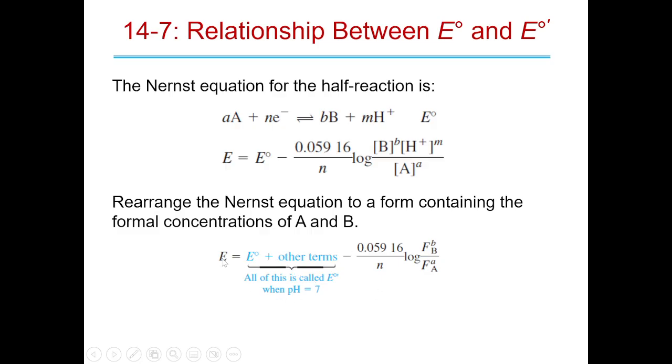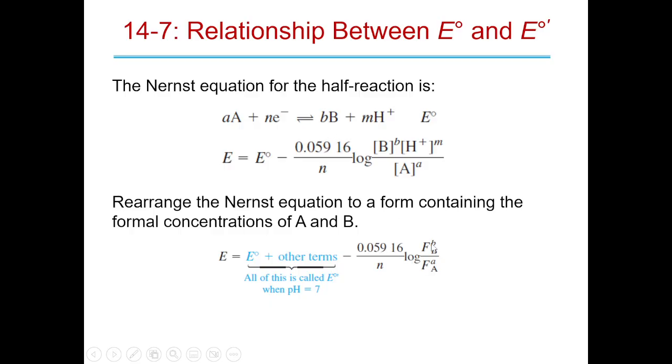So remember that you're going to have E, which is the Nernst equation, equals an E0, but we've now separated some other terms out. This would be things like this H plus concentration. See, we've separated that out. It's no longer in here.